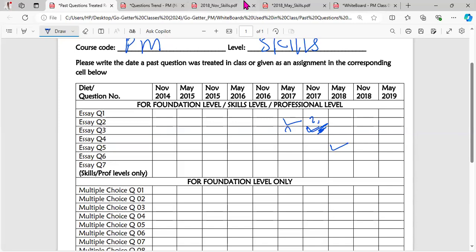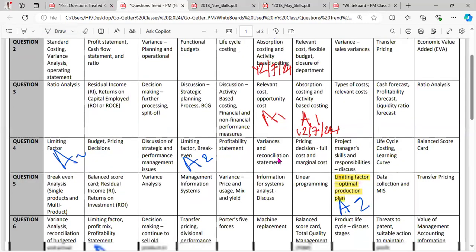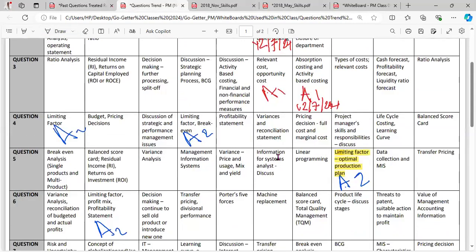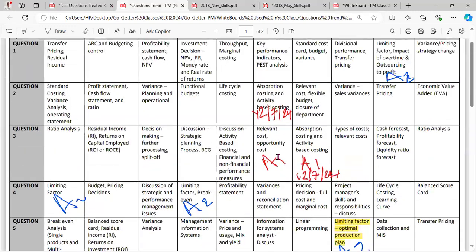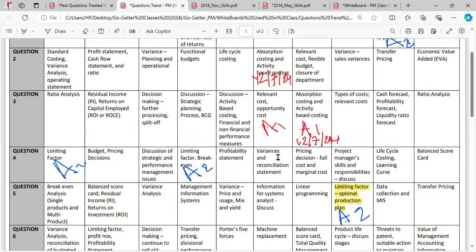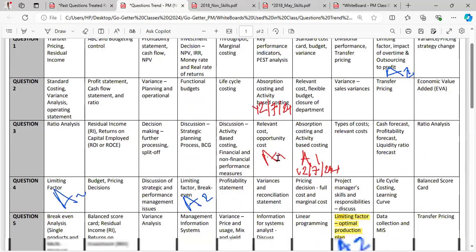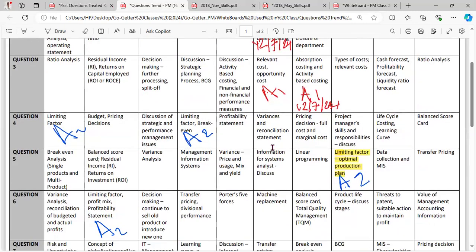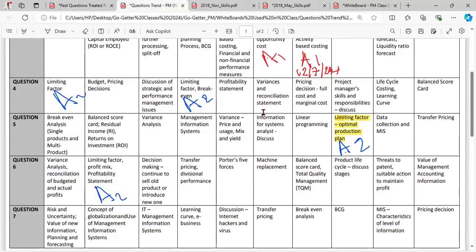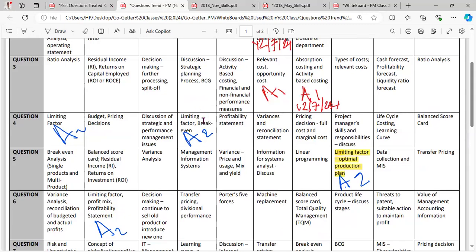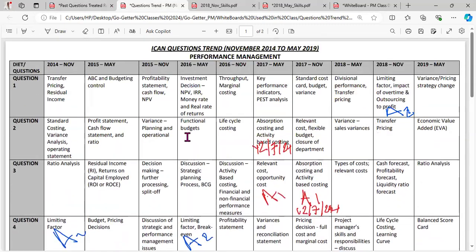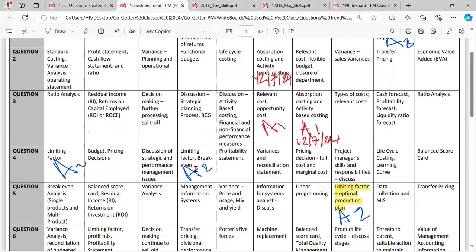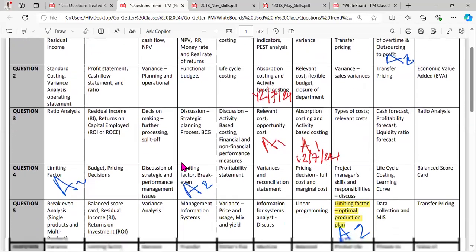Okay, so we look at another one again. I will now be torn between May 2016 and November 2014.